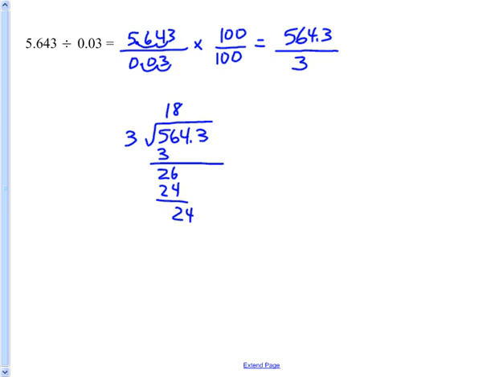Okay, 3 goes into 24 8 times exactly. 0. So I bring down my 3. Now remember, that's where my decimal was, so that's where my decimal goes there. And 3 goes into 3 once. Nothing left over. So my answer would be 188.1.